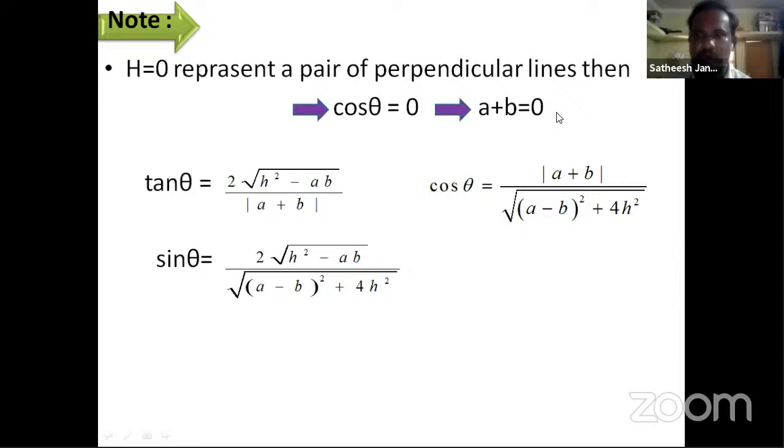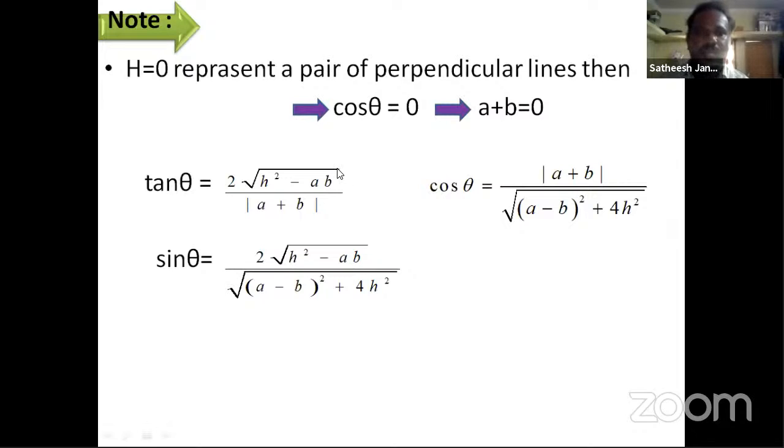It is very important to remember for future problems and theorems. If a plus b is equal to 0, remember that theta is equal to 90. If theta is equal to 90, a plus b is equal to 0. What is the meaning of a plus b?